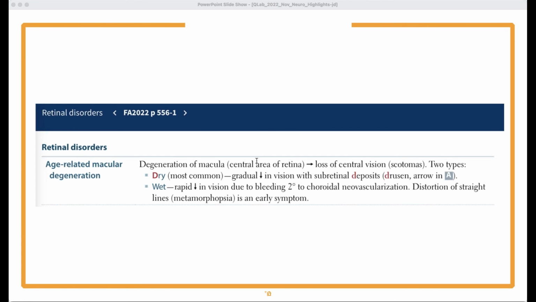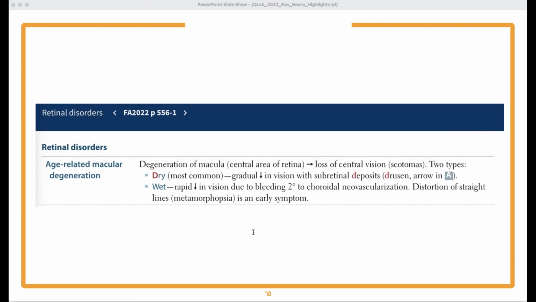Dry macular degeneration is most common, and you usually see that with chronic comorbidities like we talked about previously in this patient. Wet macular degeneration is a little less common. That has to do a lot more with development of blood vessels that can also affect the eye and retina, so a bit of a different issue there.